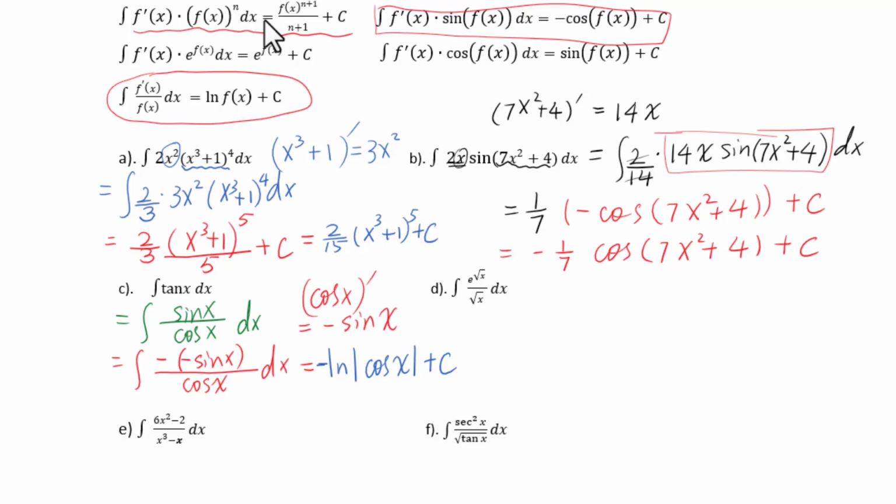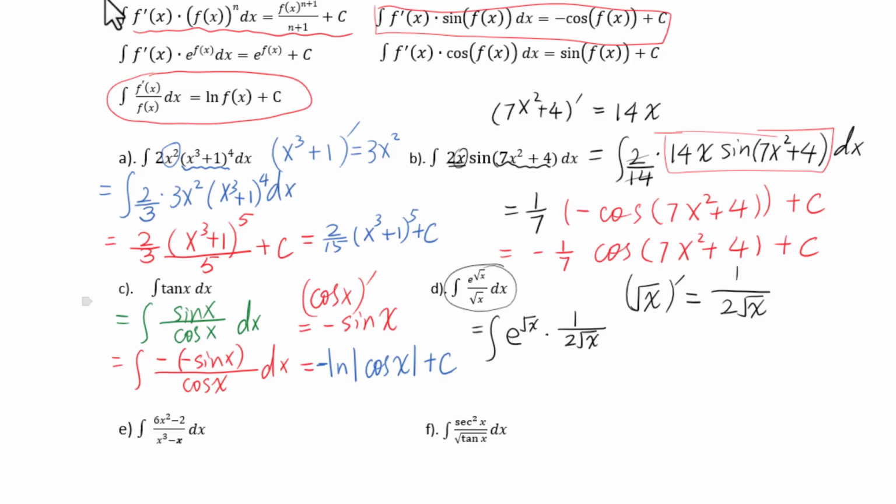Let's go to D. Since we know square root of x, prime, equals 1 over 2 square root of x, we need to rewrite this as the integral of e to the square root of x times 1 over 2 square root of x, then times 2 dx.